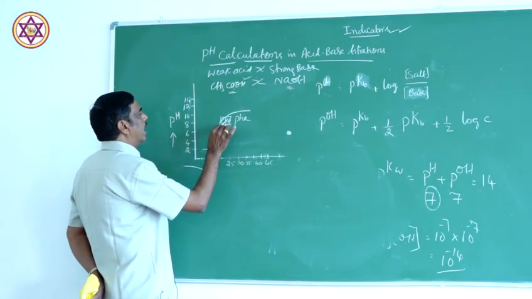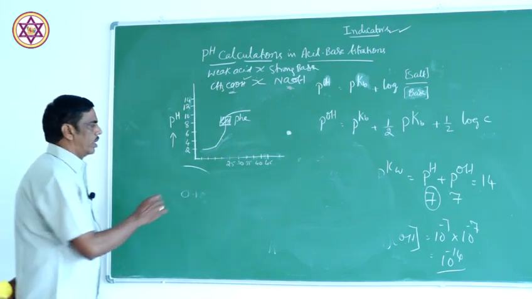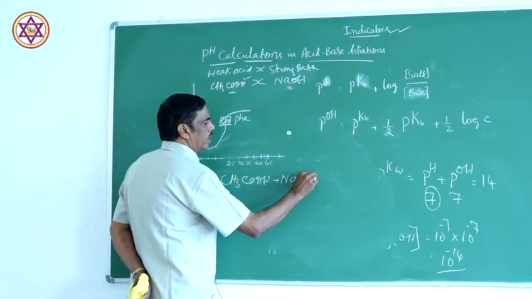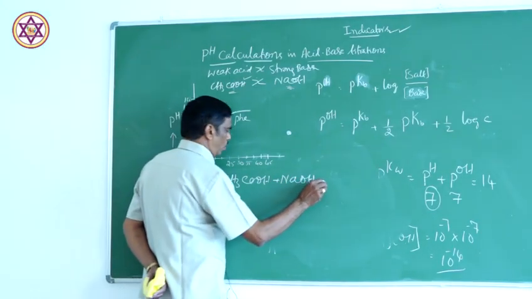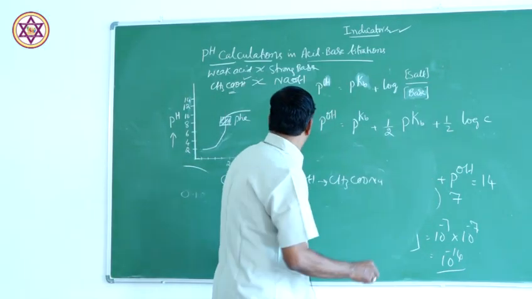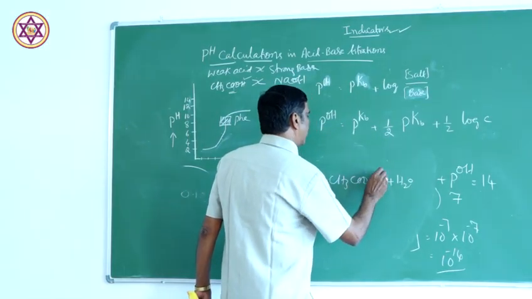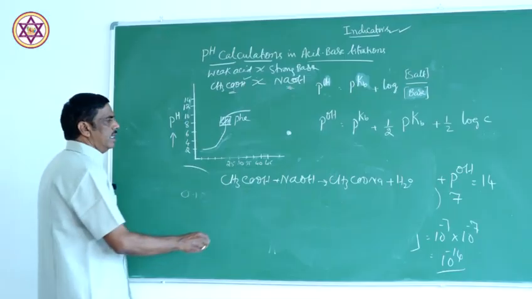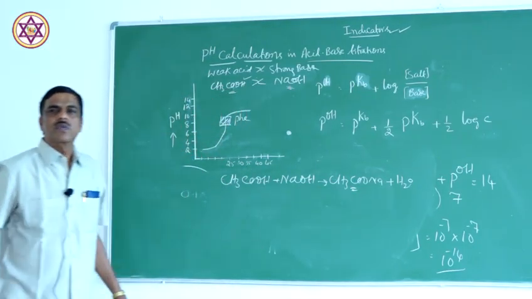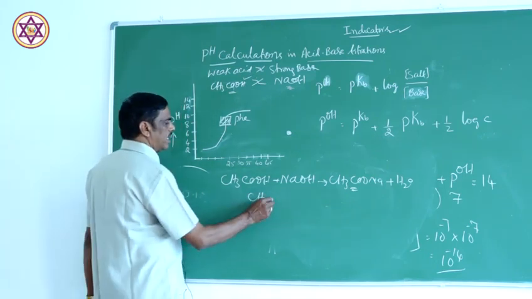Why there is a rise only in this range between 8 to 10, we can see by the calculation, by the reaction. Acetic acid reacts with NaOH during the titration to form sodium acetate and water. The sodium acetate which is formed here undergoes hydrolysis because it is the salt of a weak acid and strong base.